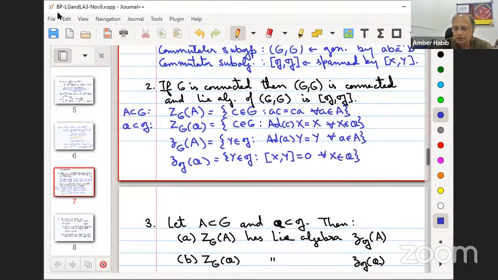If you take the subset of the group and look at the centralizer in the group, that's a subgroup, and you can ask what is its Lie algebra, and you will get the centralizer in the Lie algebra of the same set A. Alternately, you can start with the subset of the Lie algebra, take the corresponding centralizer subgroup of G, and ask what is its Lie algebra, and you will get the centralizer in the Lie algebra of that set little a. So the two sets are the same, and you move from centralizing in the group to centralizing in the algebra.